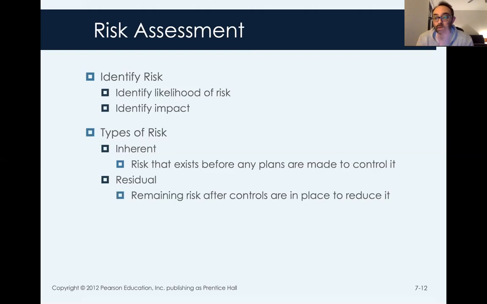These are all proper controls that are put in, but there's always a risk that somebody is going to walk out with a piece of gum or a pack of cigarettes or any small item. That's a residual risk. No matter what you do, you put every control in, there is always going to be a risk that something bad is going to happen. So this is called a residual risk.